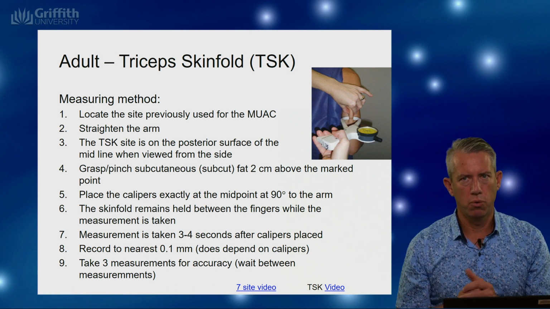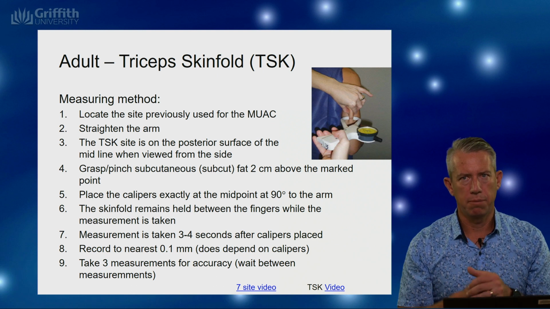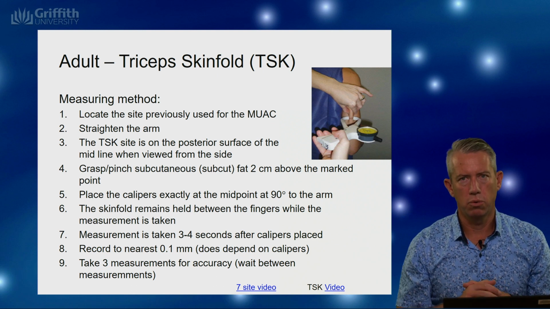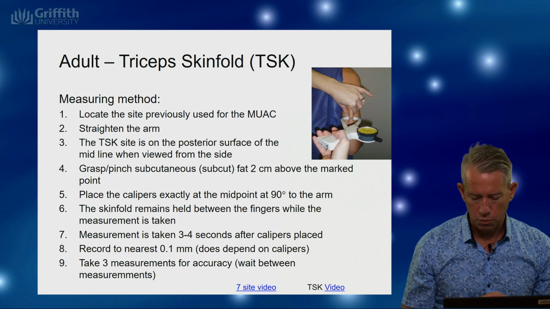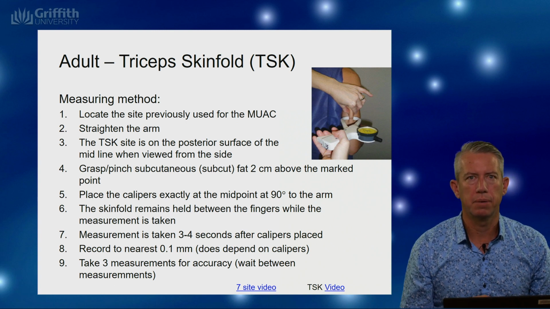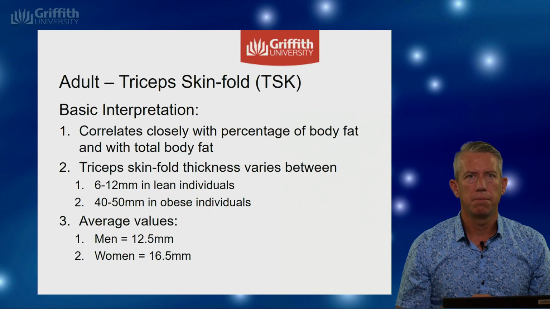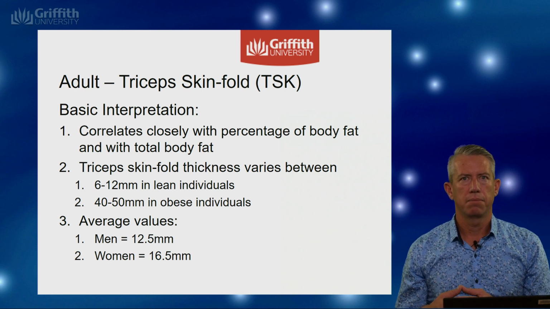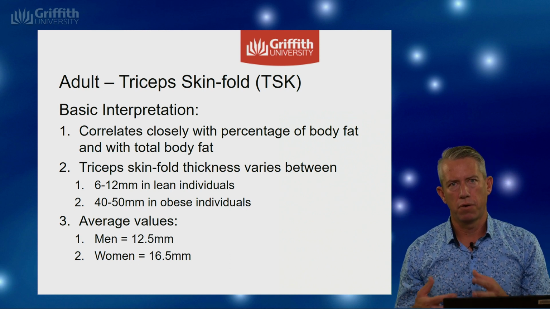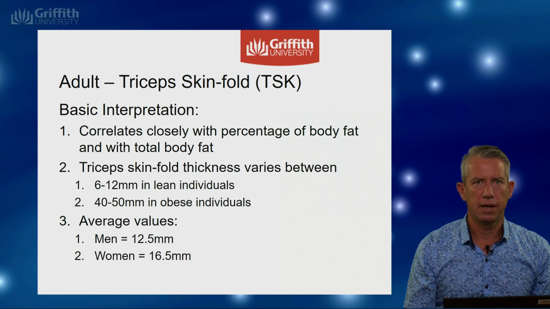So you actually pick up the point that we identify, but you put the calipers just below that, and we'll show you all of that in the tutorial workshop, which will come up in the next few days after you've seen this video. Basically, it's giving you an indication of subcutaneous fat, and from there we can compare that to average values.